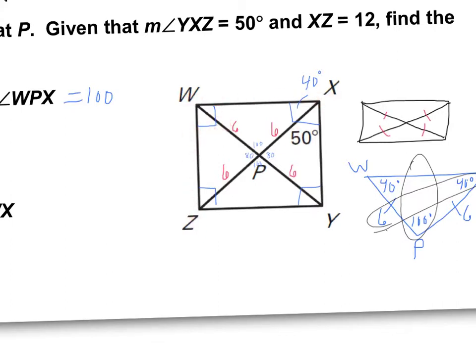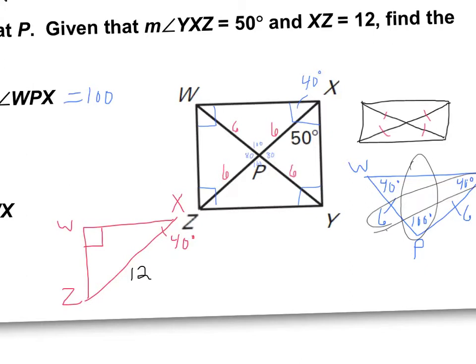Let me draw that out. So this would be ZWX. There's the right angle. We know that this is 40 degrees, and we know that this whole diagonal part, the hypotenuse you could call it, is 12.